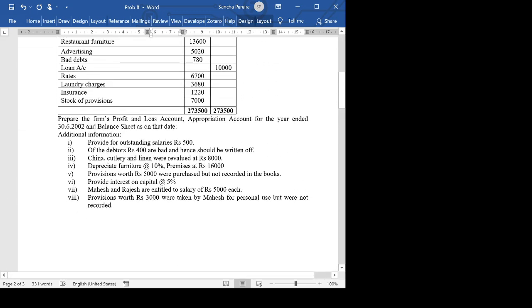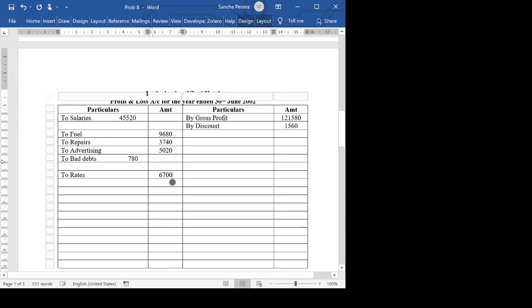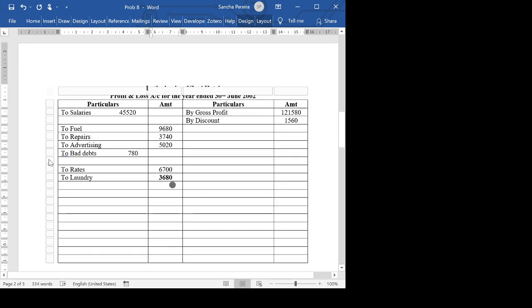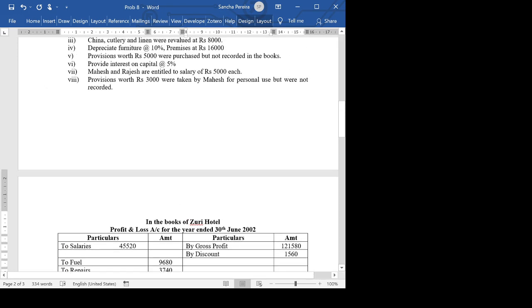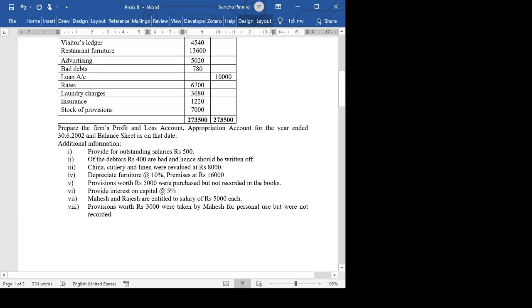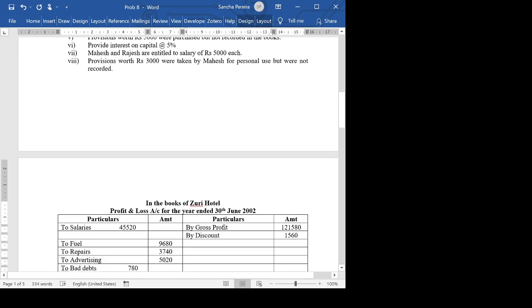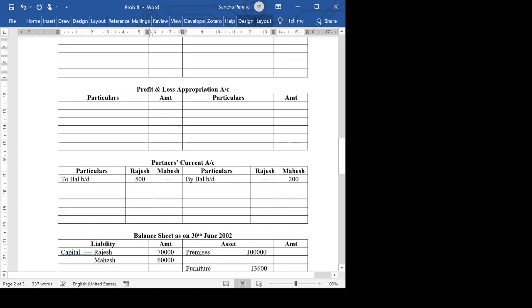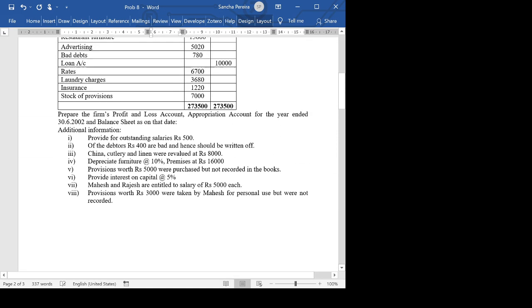Then there's laundry 3,680. And then the last one that comes here is insurance 1,220. So we have posted everything from here.